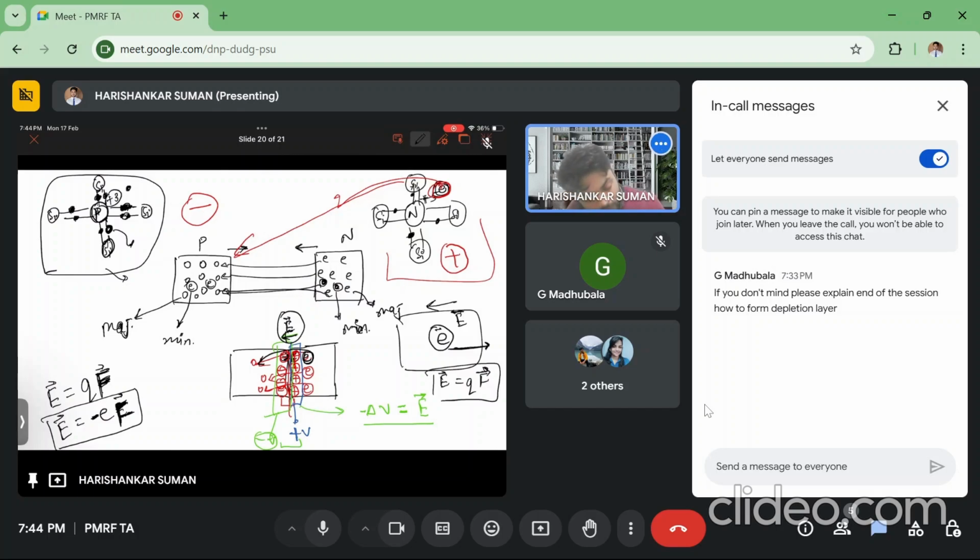So due to this negative sign, the electron moves opposite to the electric field.